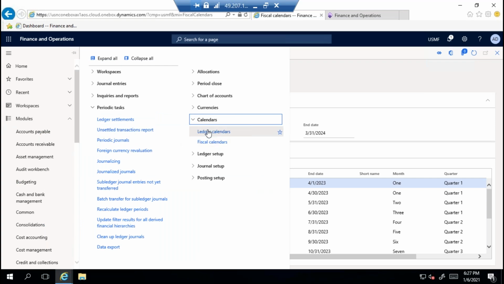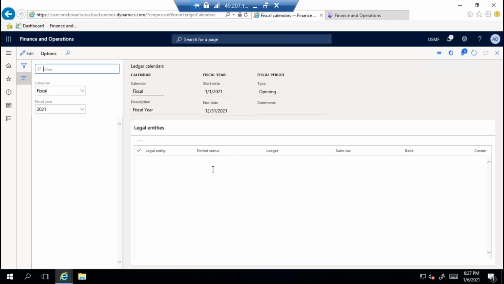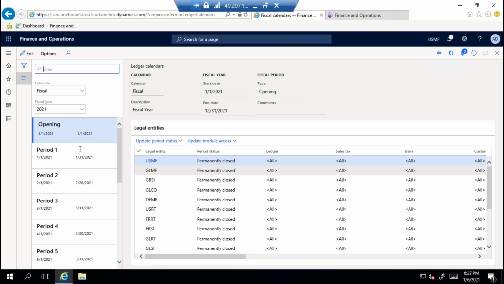Here there are ledger calendars. Actually, it may not be this slow, but sometimes the server is slow. Usually, if you have proper good RAM, it will not be this slow. So okay, look at this one.